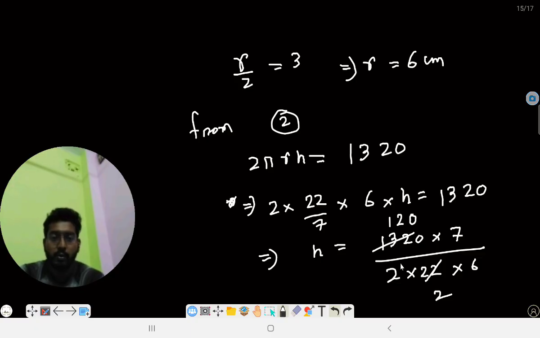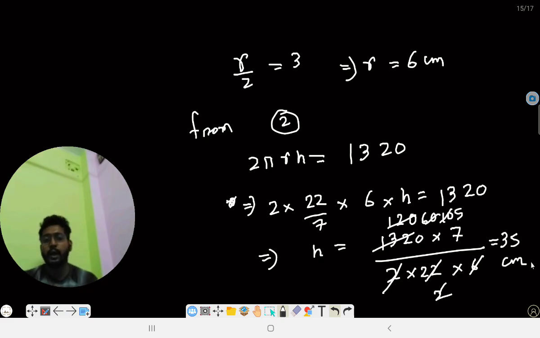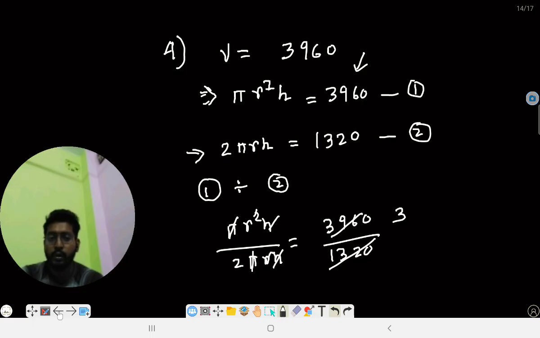By 2 again that will be 60, by 6 it will be 10, and by 2 it will be 5. That means 5 into 7, 35 centimeter. So that will be the height of this cylinder. That means the radius is 6 centimeter and the height is 35 centimeter. This is the way to solve.